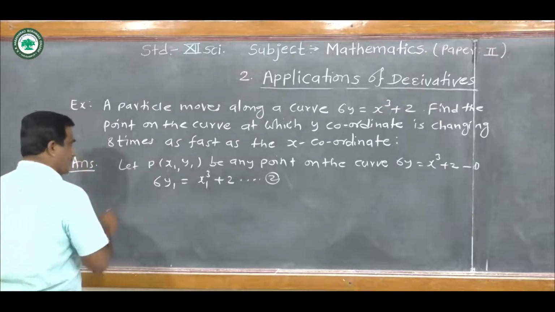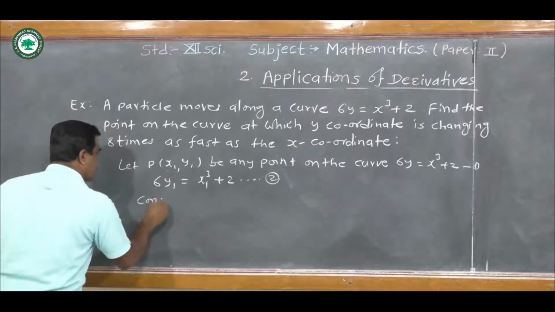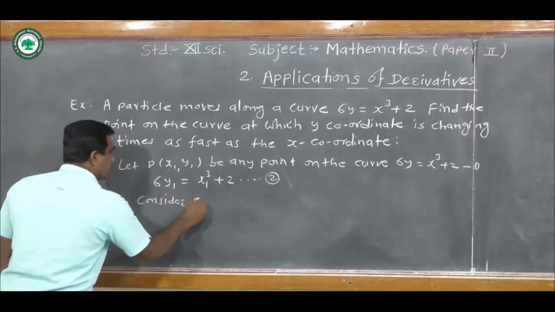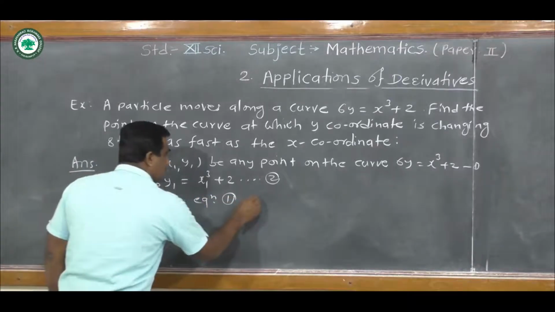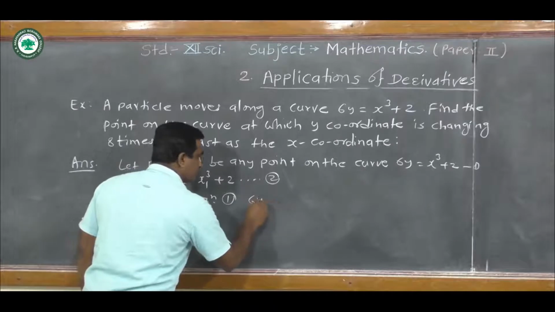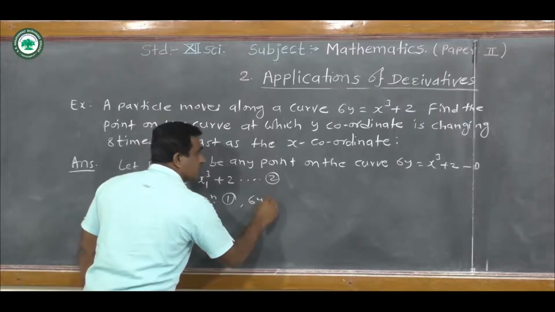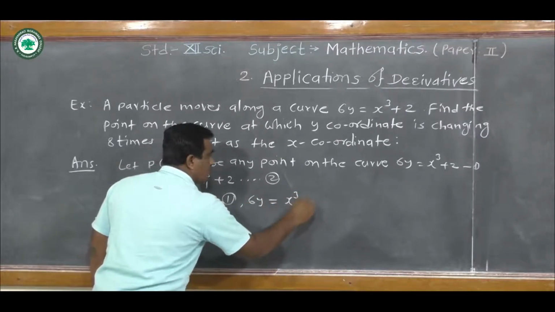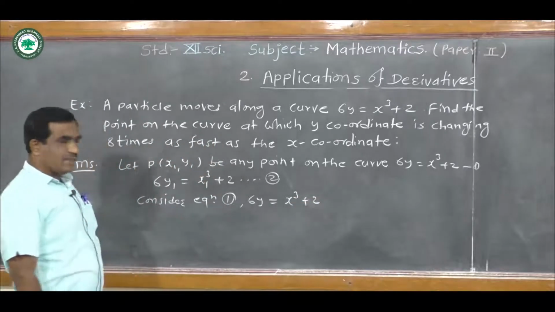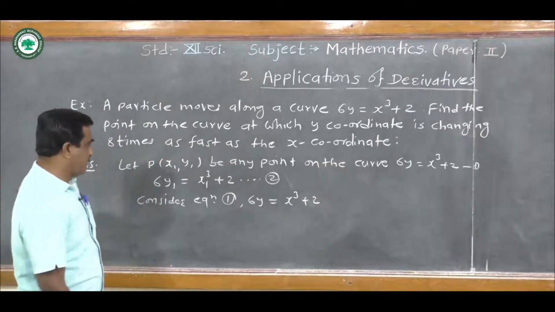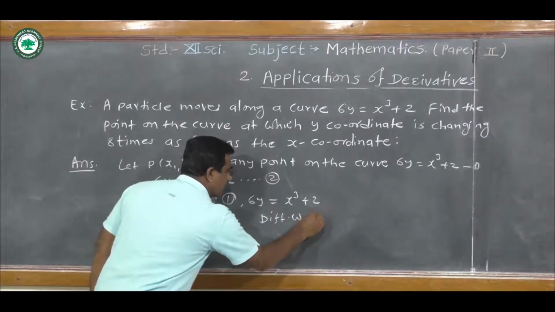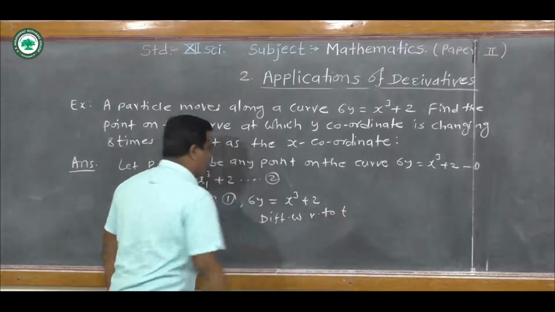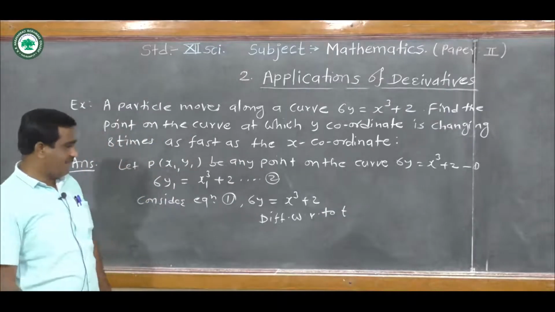Now consider equation first, that is 6y equal to x cube plus 2. Differentiate this equation with respect to t, because here x and y are functions of t.